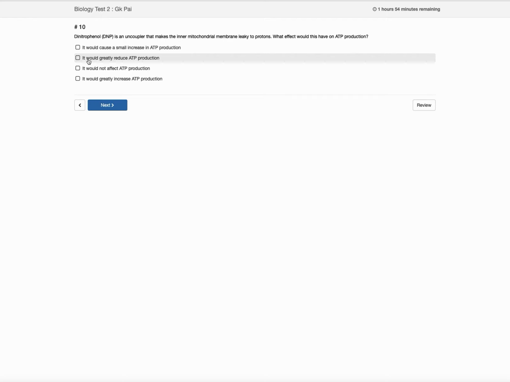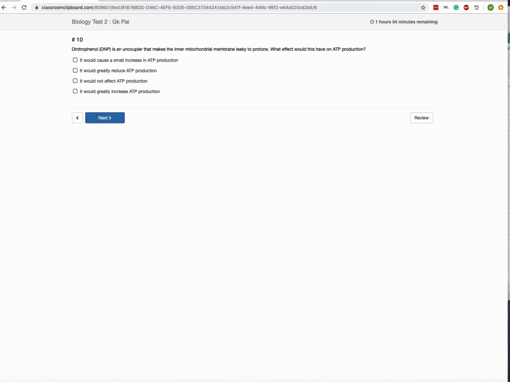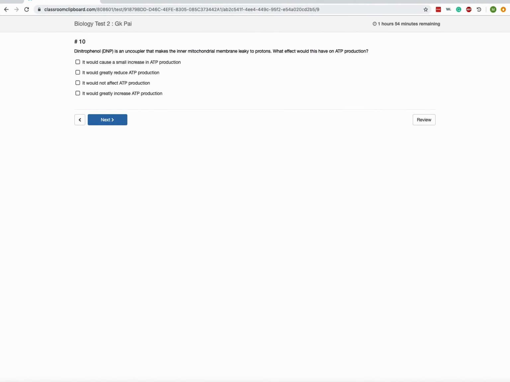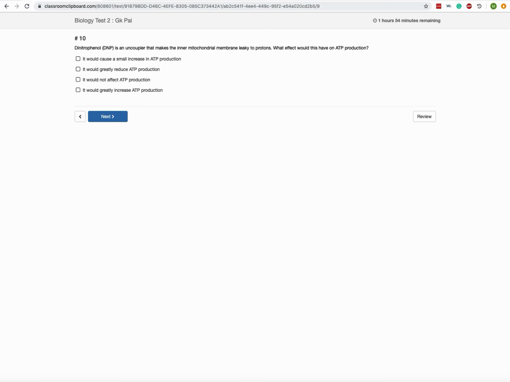Okay, dinitrophenol is an uncoupler that makes the inner mitochondrial membrane leaky to protons. What effect would this have on ATP production?